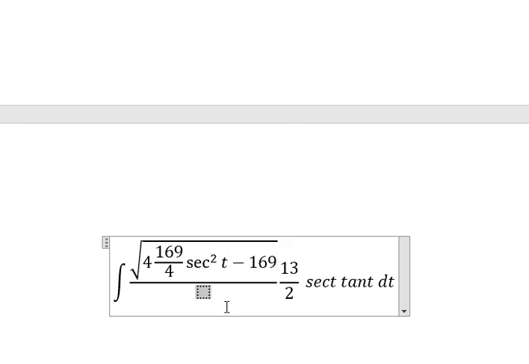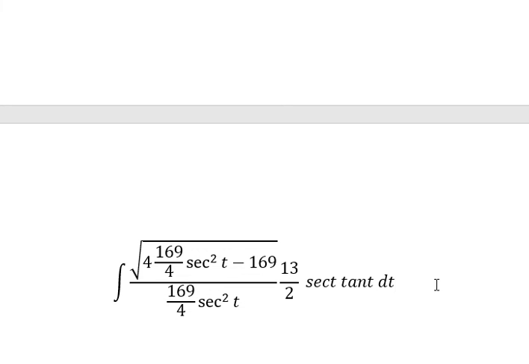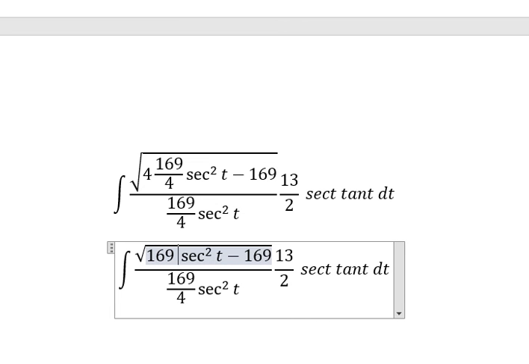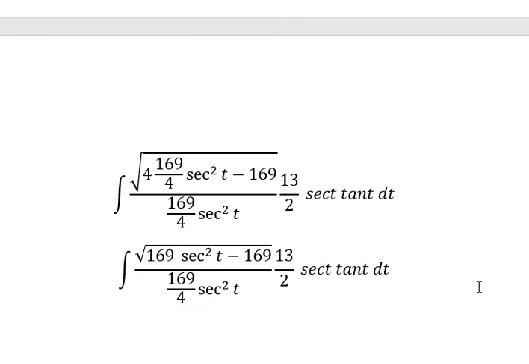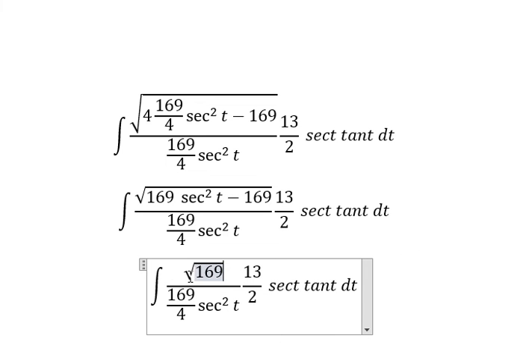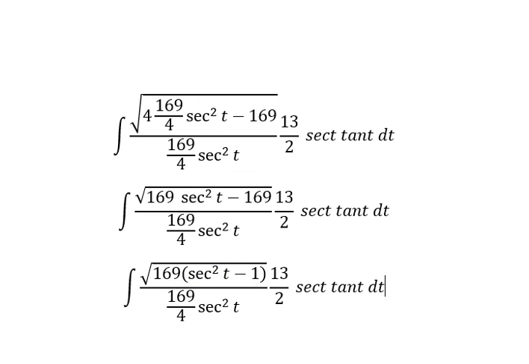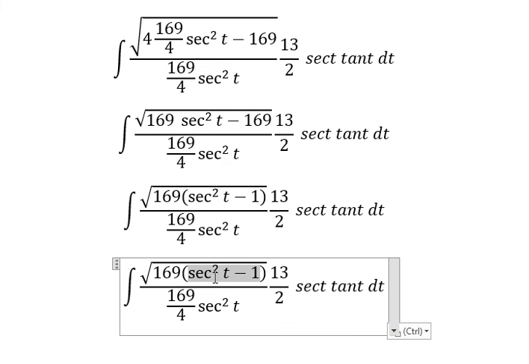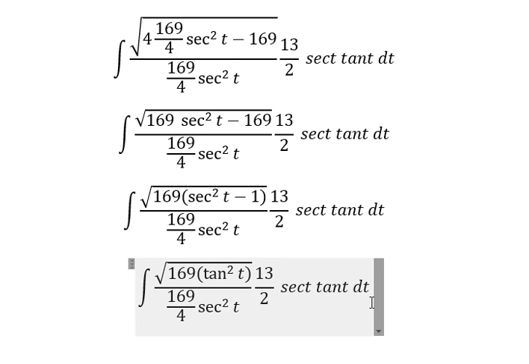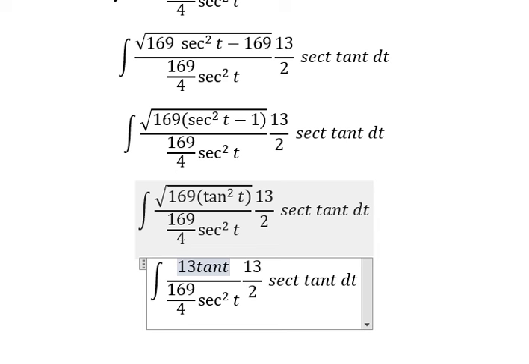Similar for this one. Number 4, we cancel. 169, we can do factorization. This one you get tan t squared. The square root of this one you get 13 tan t.